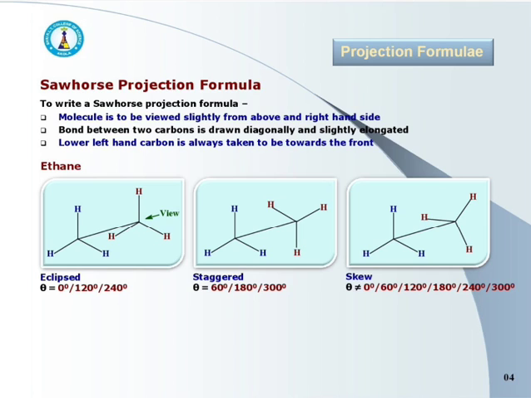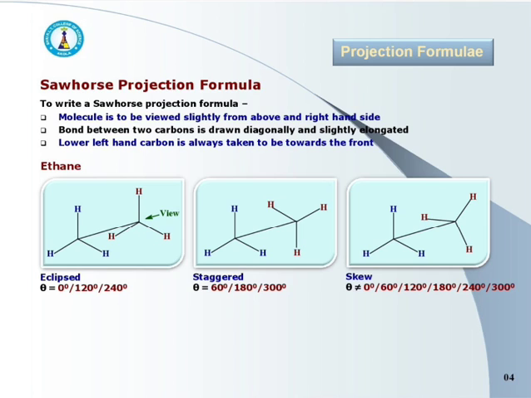Second, the bond between two carbon atoms is drawn diagonally and slightly elongated. And third, the lower left hand carbon atom is always taken to be towards the front.